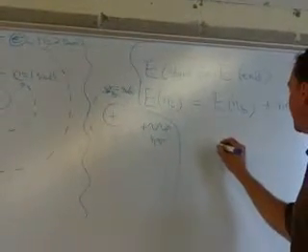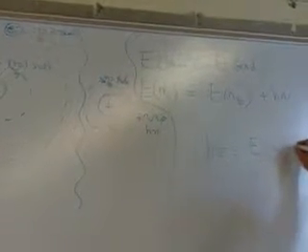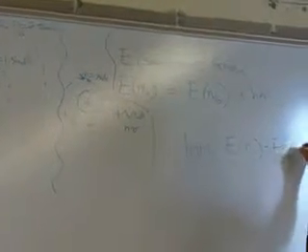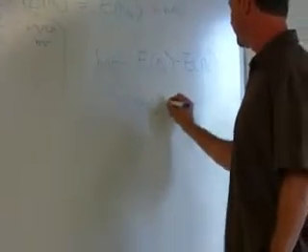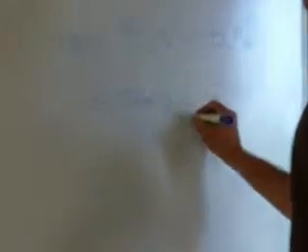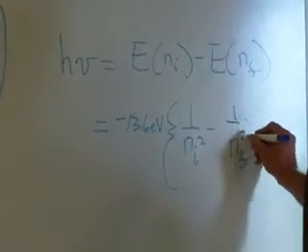So in other words, h nu equals E of n initial minus E of n final. So this goes like this: E of n equals minus 13.6 eV times 1 over n initial squared minus 1 over n final squared.